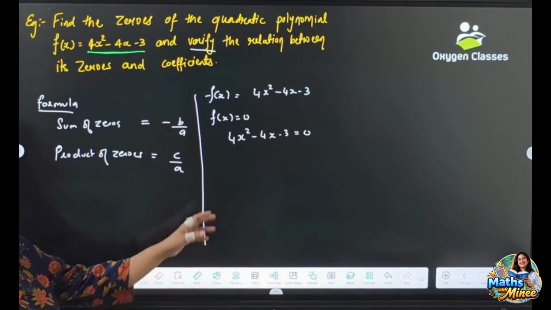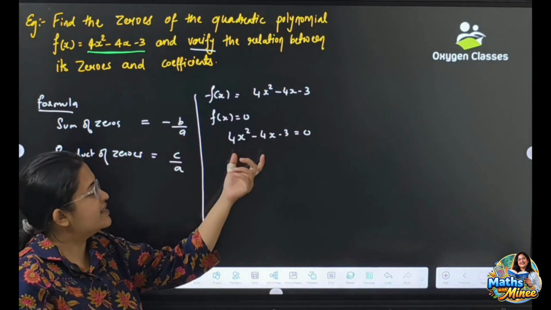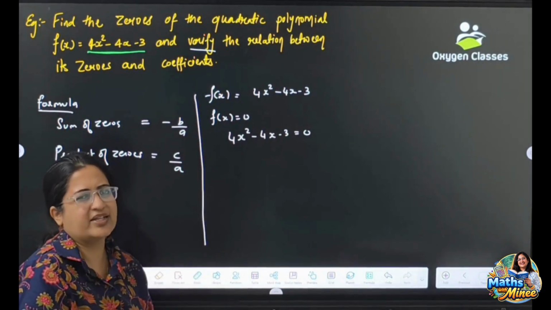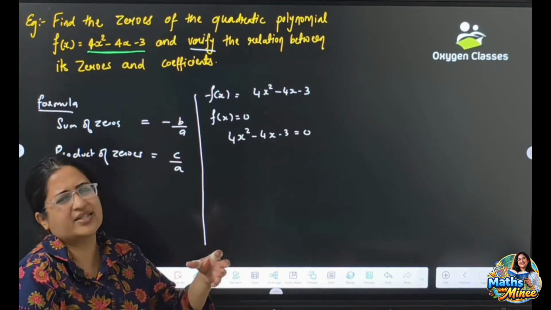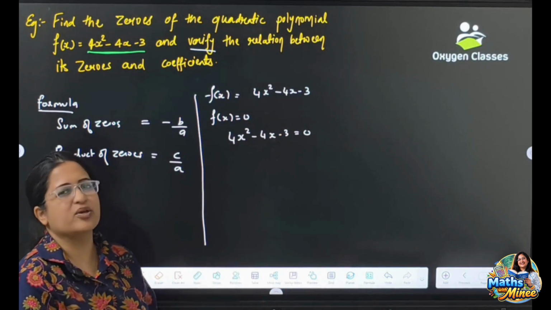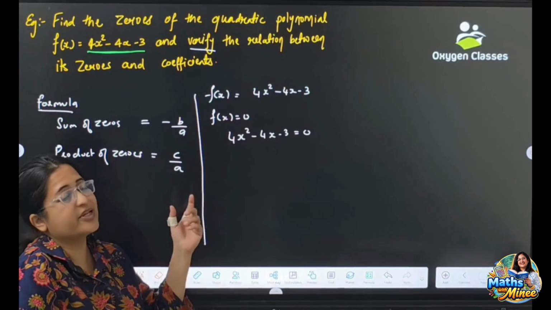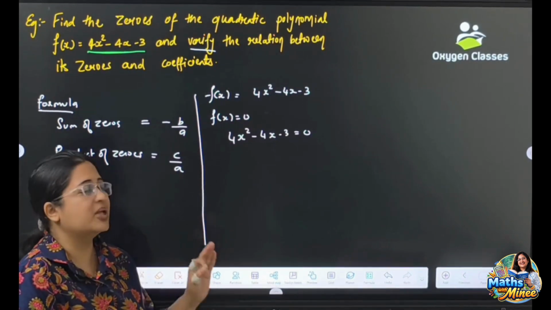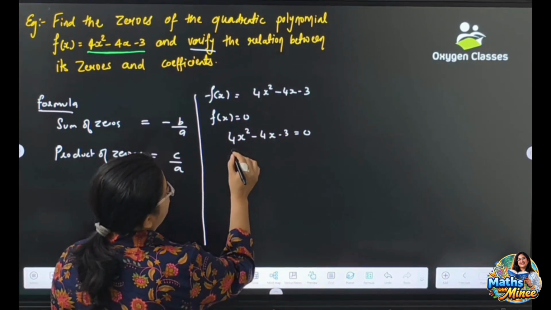Now to solve the quadratic equation, we can use a number of ways: splitting the middle term, completing the square, or using the quadratic formula. Here we will solve by splitting the middle term.